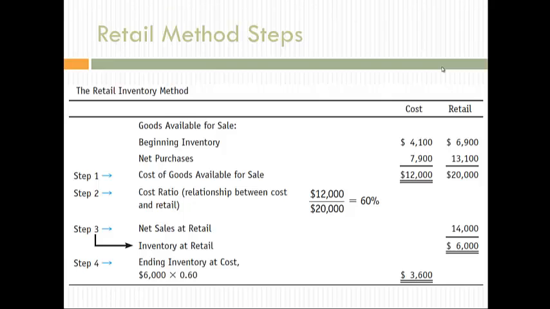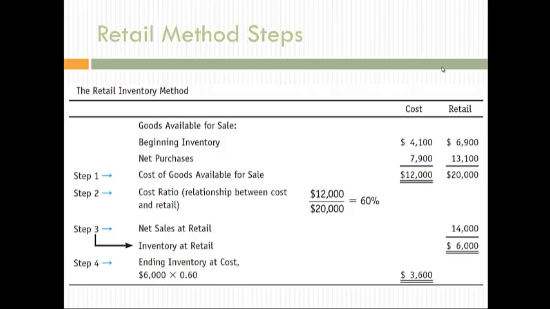Remember that the business has to have some information to do this, which is given in the example. We have beginning inventory, which is valued at $4,100 at cost and $6,900 at retail. Next we have net purchases, which is valued at $7,900 at cost and $13,100 at retail.